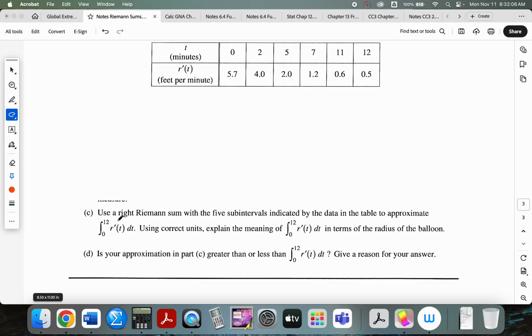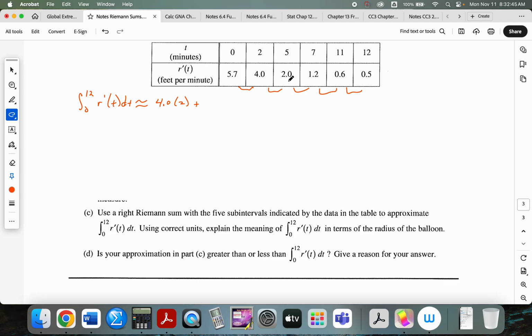So I'm going to say this thing, and I'm just going to copy it down. And it said it's an estimate, so I know it's going to be approximately. So I'm going to divide this into the subintervals. And it says use a right Riemann sum. So I'm going to use 4 over the first 2 minutes. So it's 4.0 times 2.